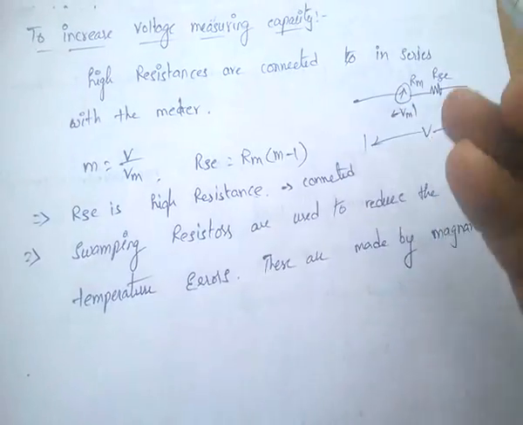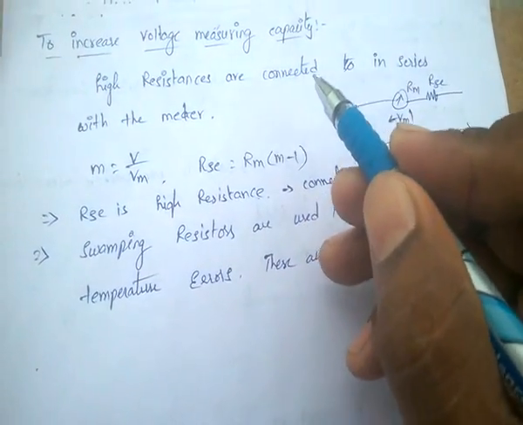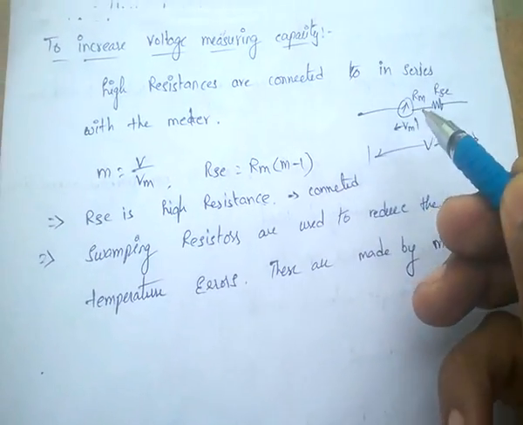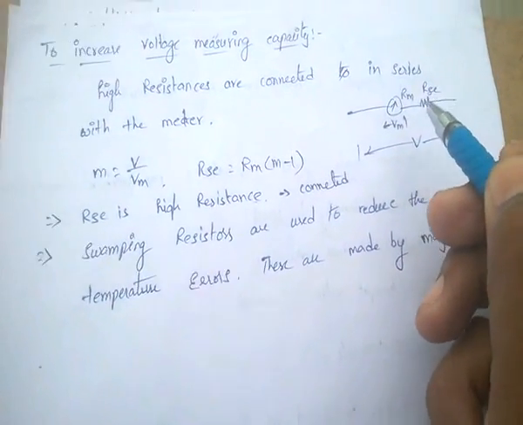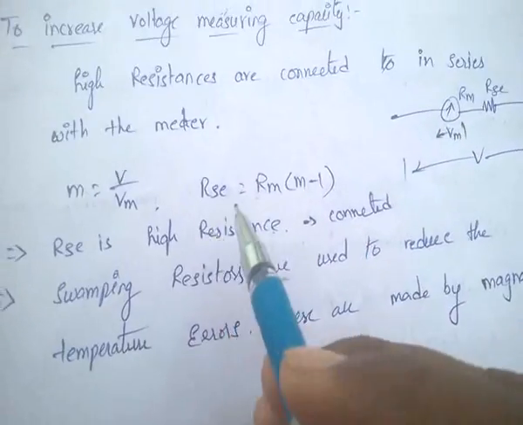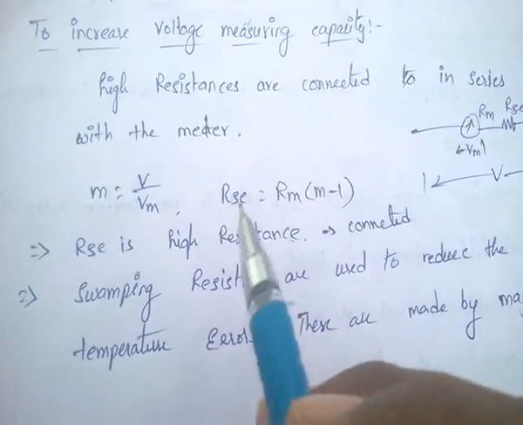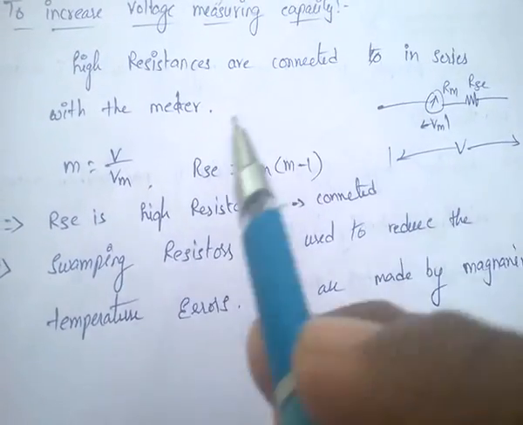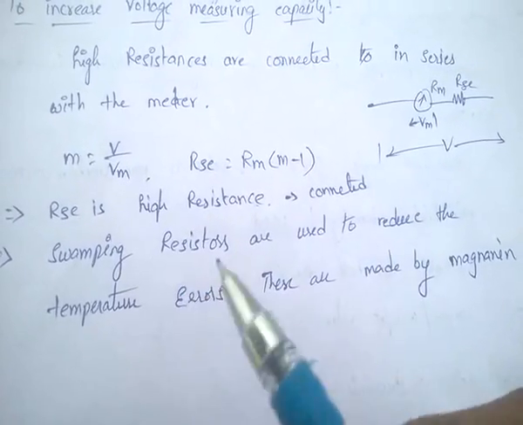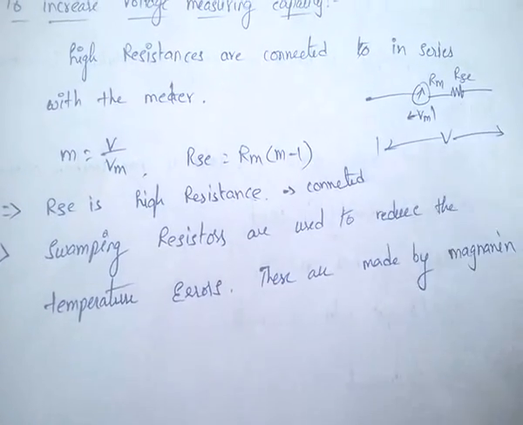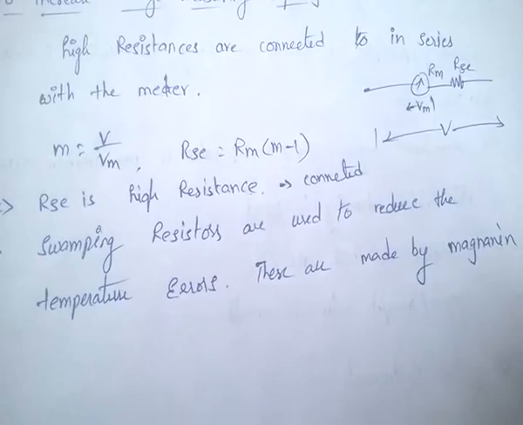In case of shunts, RSH equals Rm by m minus 1. For the series resistor, RSC equals Rm into m minus 1. Here m is V by Vm. V is the voltage which we have to measure, Vm is the meter voltage. The series resistance is a high resistance.